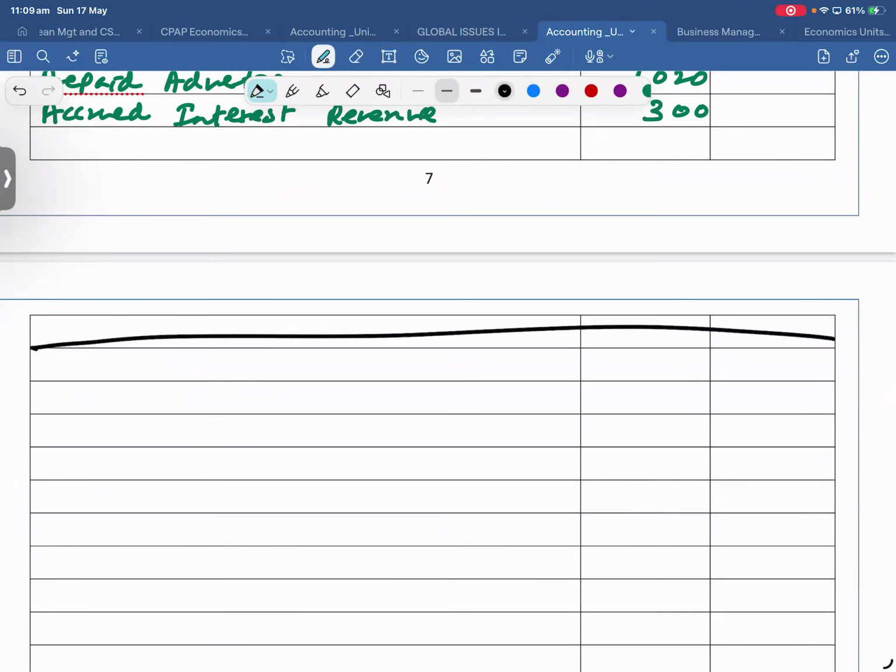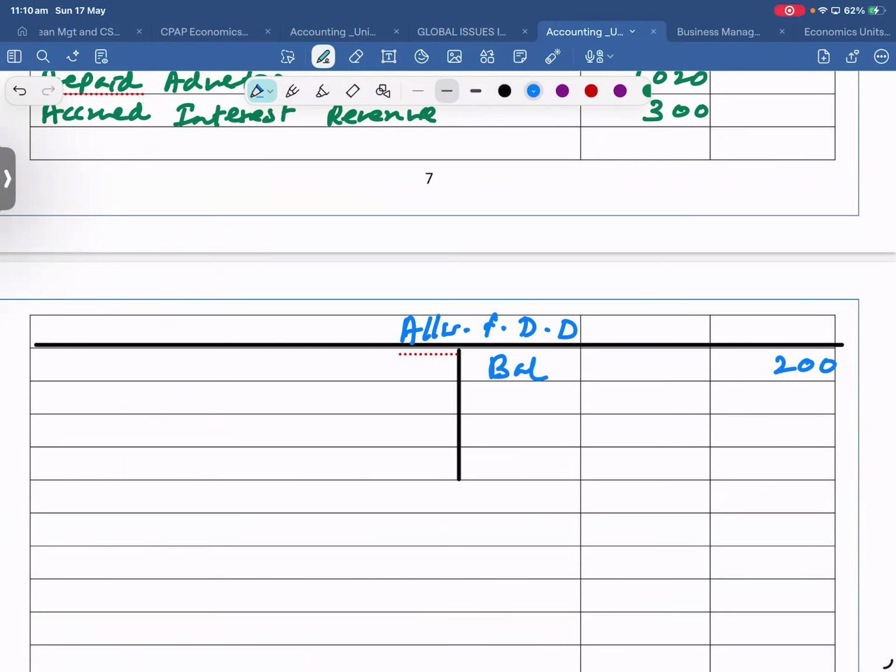Transfer doubtful debt, our opening balance was how much? 200. Yeah, and then we credited 1600, which is the accounts receivable. And then we have to update the accounts receivable.